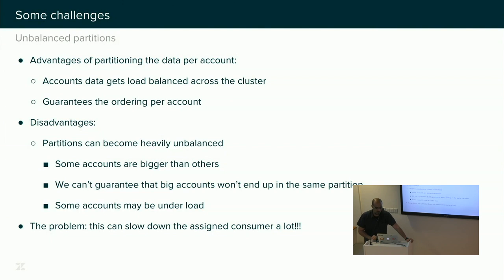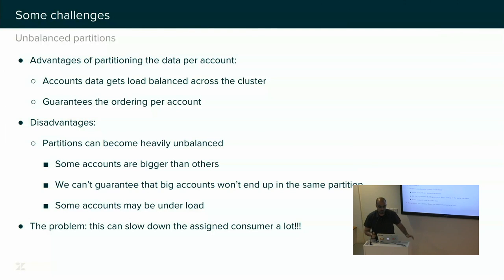As you can imagine, if we are partitioning the data across the different partitions per account, it means that some of those partitions can become heavily unbalanced if we have accounts that are much bigger than others, and of course we have.